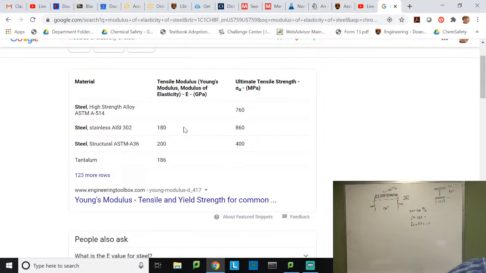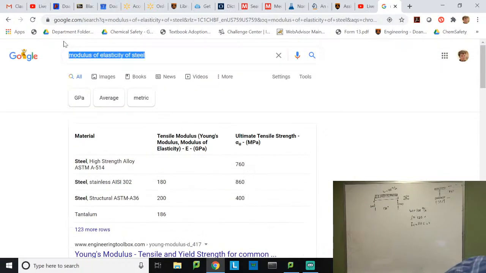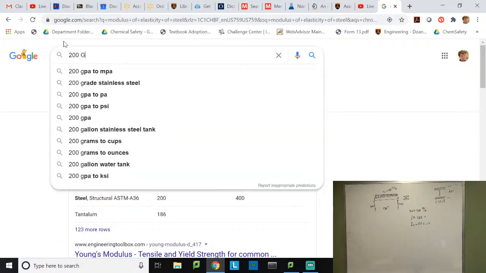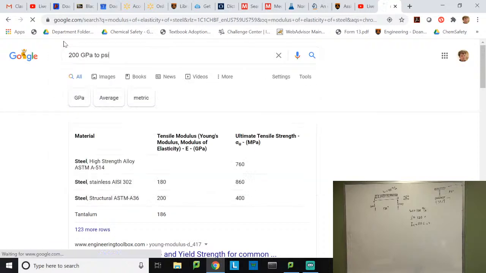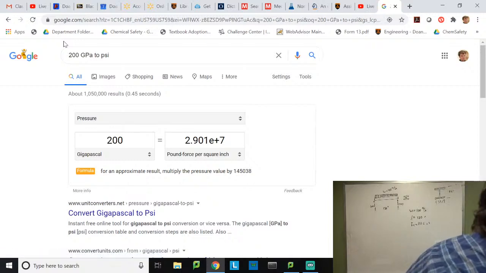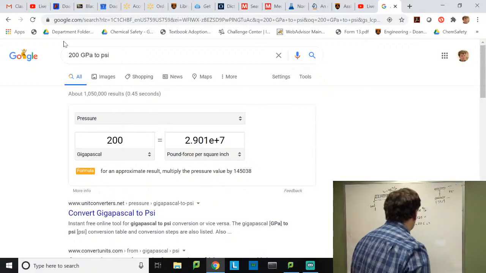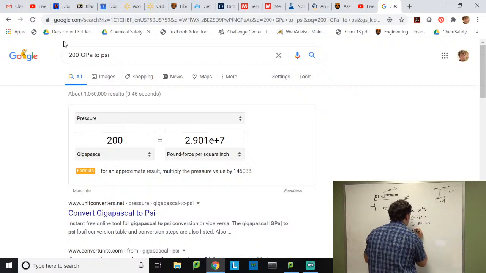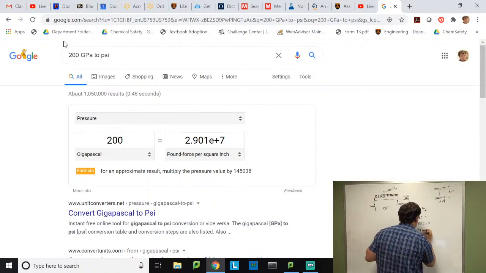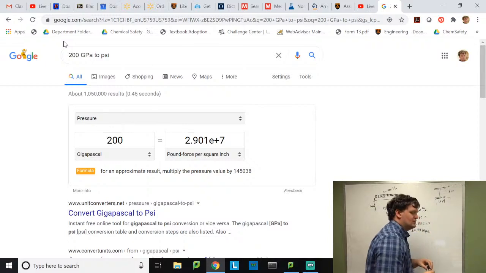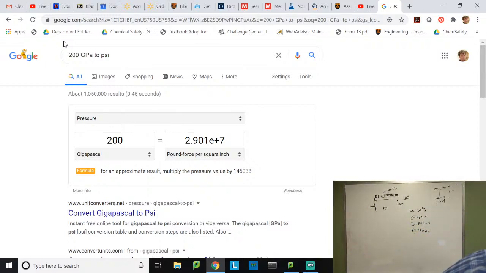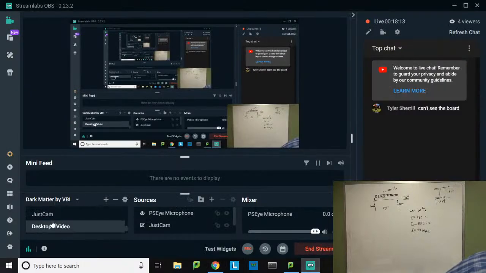We're using A36 structural steel, which is what a lot of I-beams are made out of. So 200 GPa to psi is 2.9 times 10 to the 7th, or we have E is equal to 29 Mpsi, or mega pounds per square inch. Great, now I think we have everything we need to know.